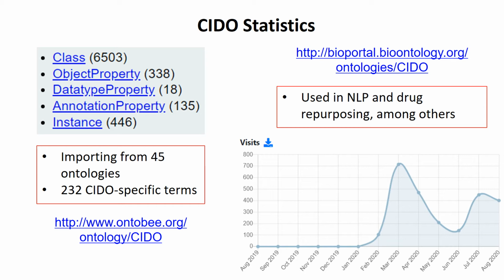In addition to the imported terms, there are 232 CIDO-specific terms. It has been deposited in OntoBee and BioPortal. And you can see in BioPortal, it has had quite a good number of visits.